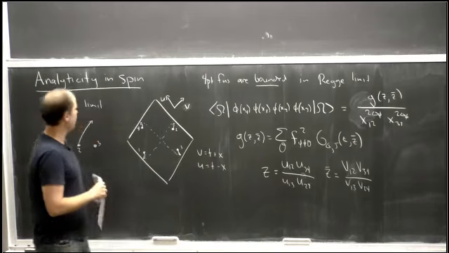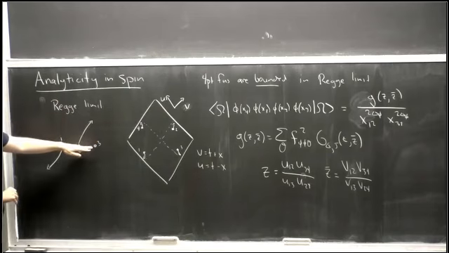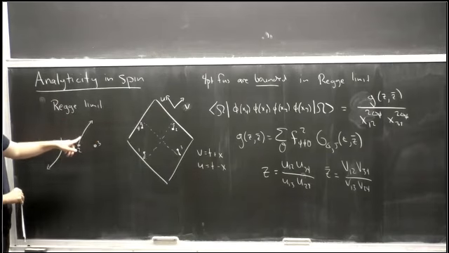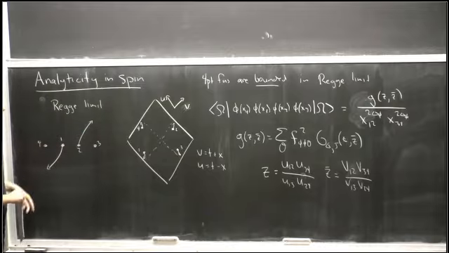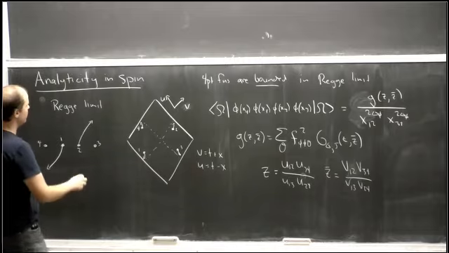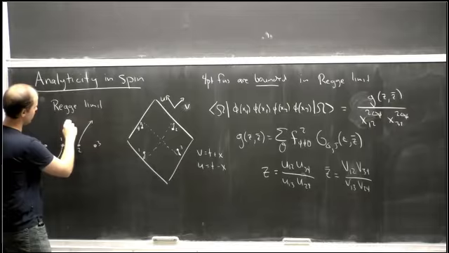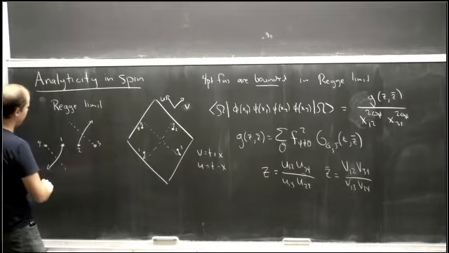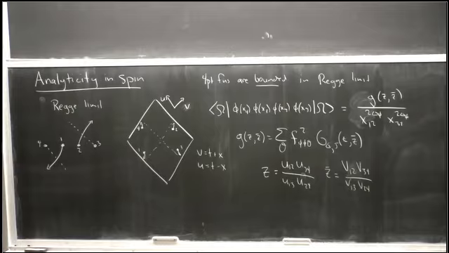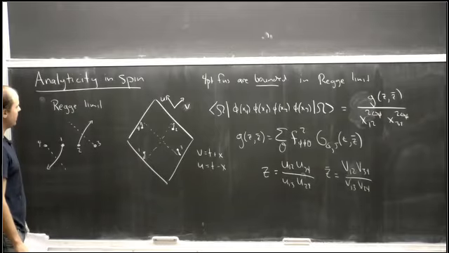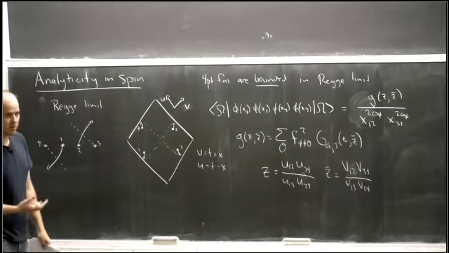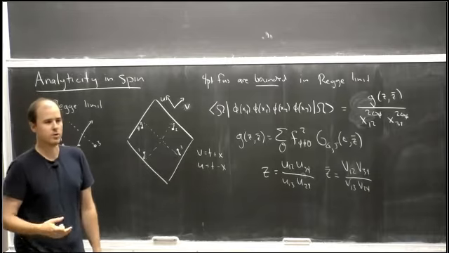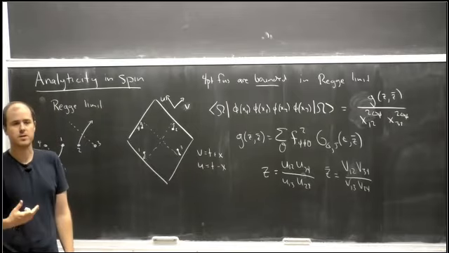And now when we move from this configuration, we start moving 2 this way and 1 this way, we're going to encounter some kind of branch cut when 2 becomes light-like from 3 and 1 becomes light-like from 4. And the way we move around the branch cut depends on which Wightman function we're looking at. So it depends on our i epsilon prescription.